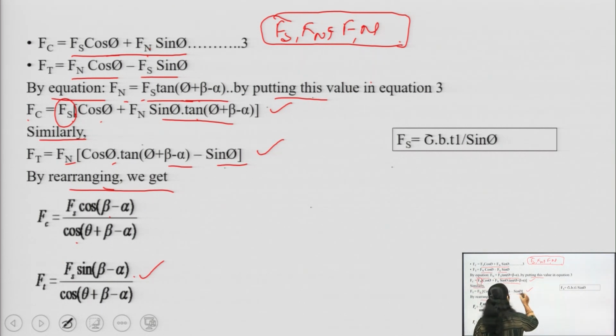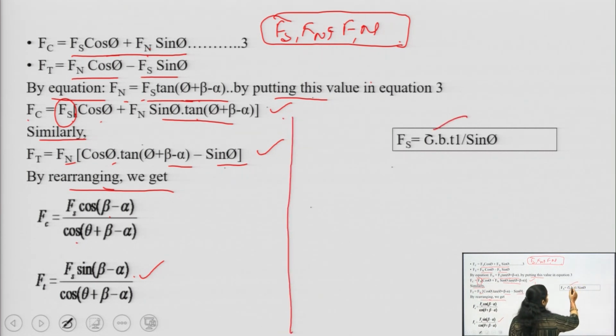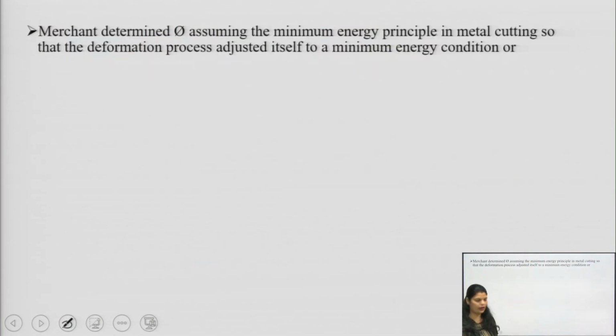Now, we can rearrange them also. This is the value of Fs. Fs is tau b into T1 by sin phi. We have discussed it in the previous slide. Okay. So, these are the forces. We can write down the equations in terms of this. If we will put the value of Fs in terms of this, then we can find out the new value for Fc or Ft.